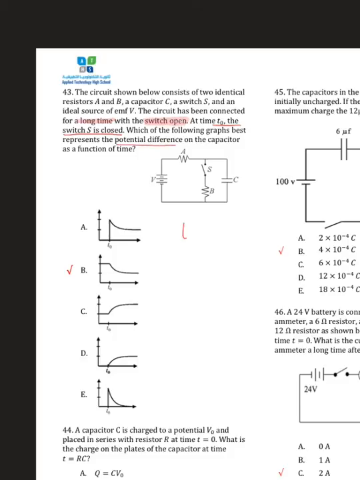That means when time is t equal to 0, the capacitor was fully charged, so it has the maximum voltage. Hence we have to start with the maximum voltage graphs, which are B and C. If you look at B, the voltage starts at the maximum, and C also has some voltage in the beginning.